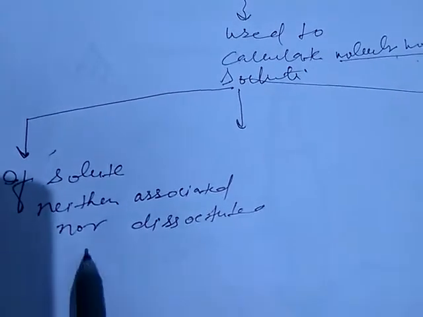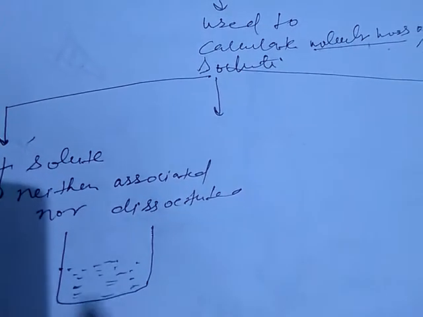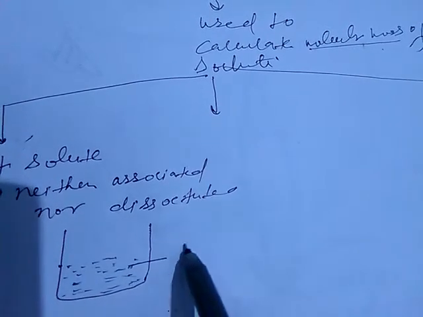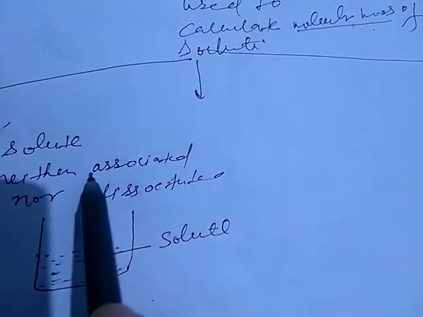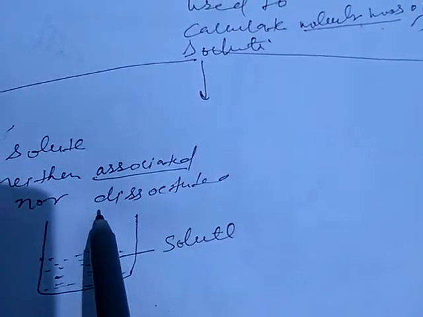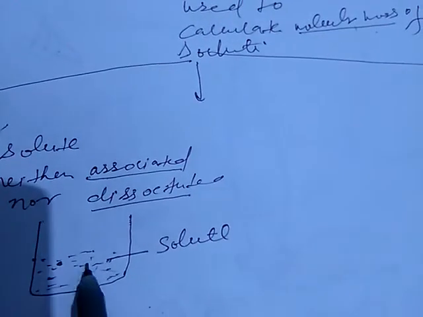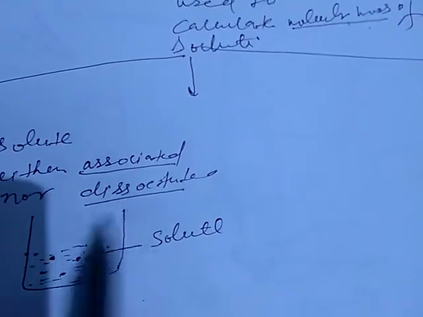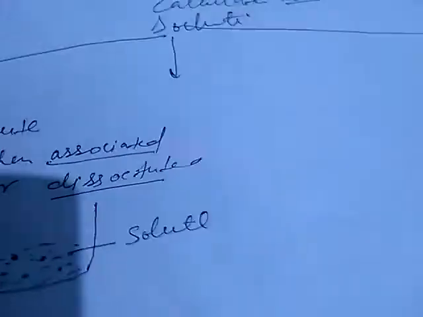I mean to say that if a container contains a solution, it must be containing some solute also. If the solute present there has not shown any association, and has not dissociated either, the particles of solute neither associate among themselves nor dissociate. So if the solute in the solution has neither associated nor dissociated, then what would happen?